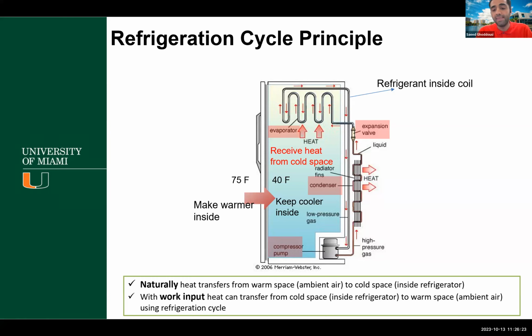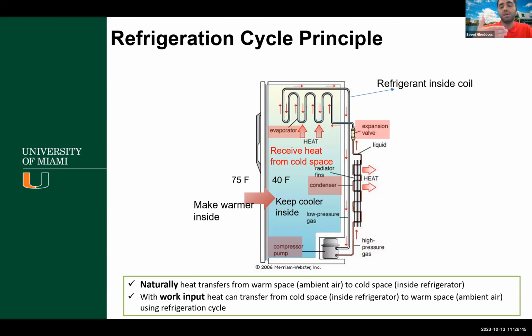Then the refrigerant moves along its path to the compressor, where you may hear some noise when the compressor works in a refrigerator. This is the compressor, where we provide energy as a work input and increase its pressure, and then it goes to the condenser.